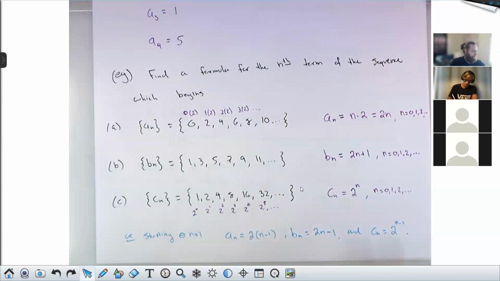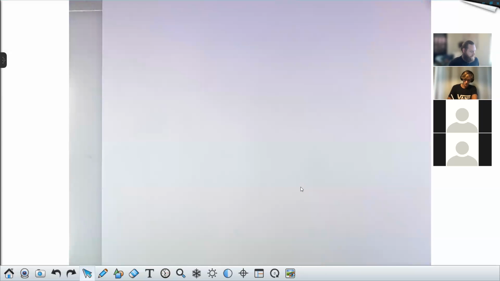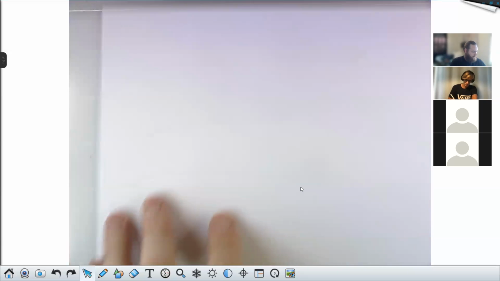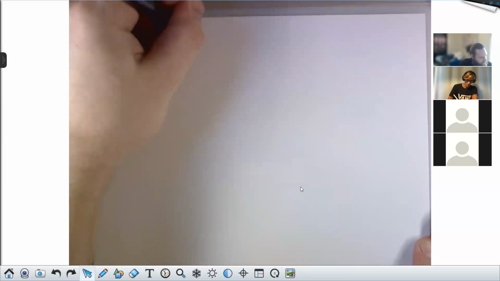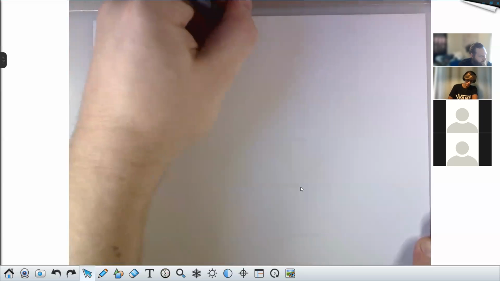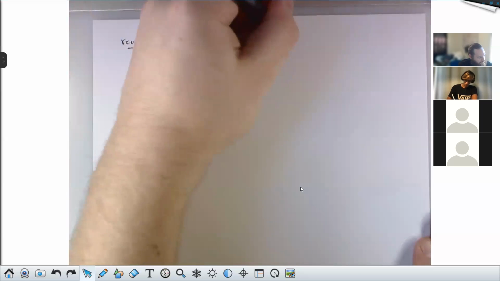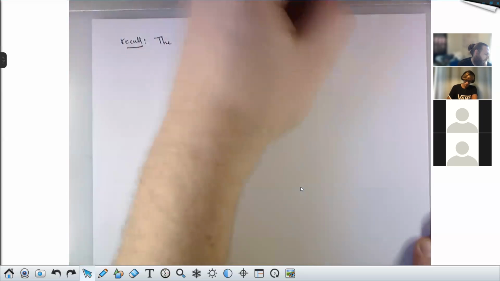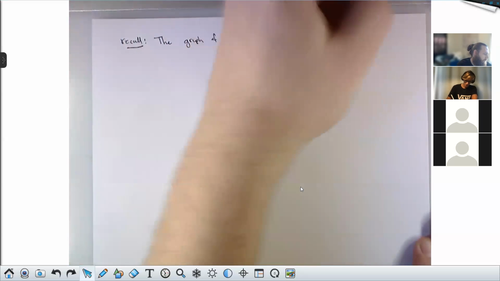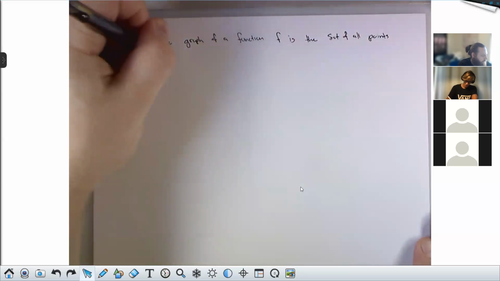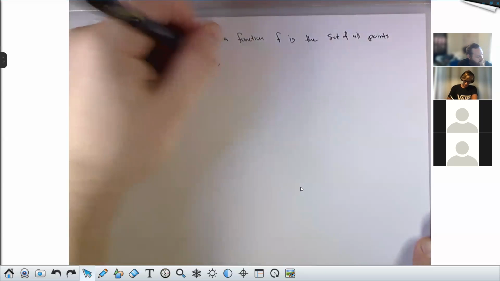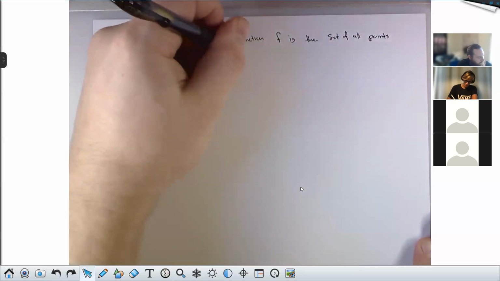Okay. So we know functions have graphs, right? The graph of a function is the set of all points of the form x comma f of x, right?